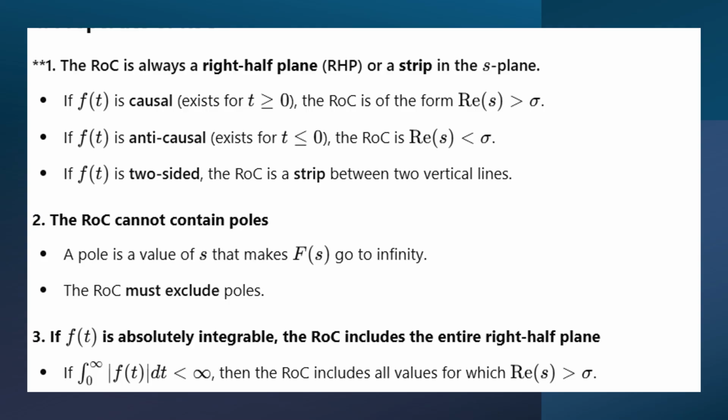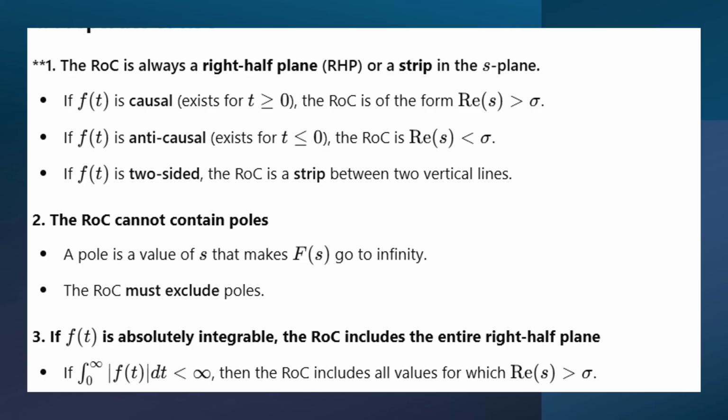Here are some properties of the ROC. The ROC is always a right half plane or a strip in the S plane. If f of t is causal, existing for t greater than 0, then the ROC is the real part of s greater than a particular value, sigma. If f of t is anti-causal, existing for t less than 0, the ROC will be the real part of s lesser than sigma.